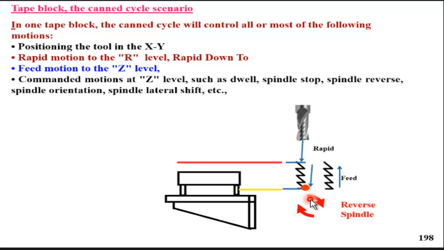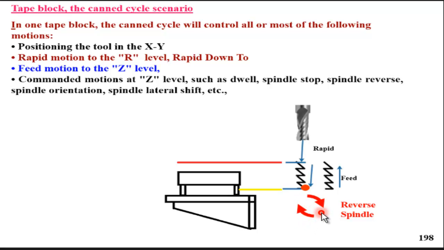Then at the end of the Z, or at the Z plane, or at the end of the tool travel, there will be what we call command motion. Command motion means something will be done here before tool retraction. Command motion could be reversing the direction of the spindle, could be waiting for some time, and so on.